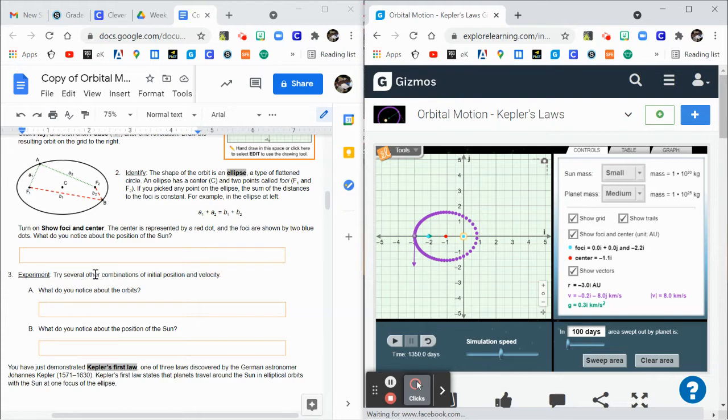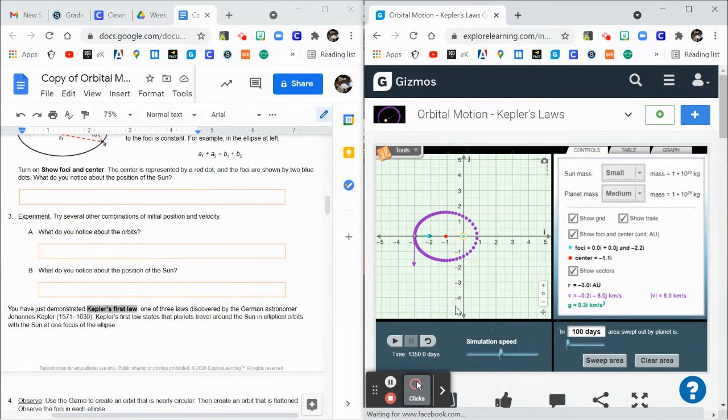Try several other combinations of initial position and velocity. Let's try a longer arrow.